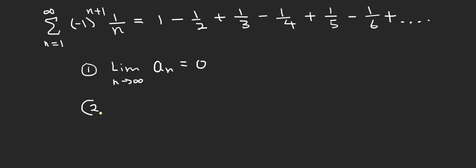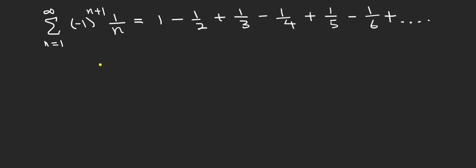Second, you have to show that A of n is a decreasing function. In other words, A of n plus 1 has to be less than or equal to A of n. In this video, I'm not going to focus on showing that the alternating series converges because I already showed that in another video. I'm just going to focus on the alternating series error bound.